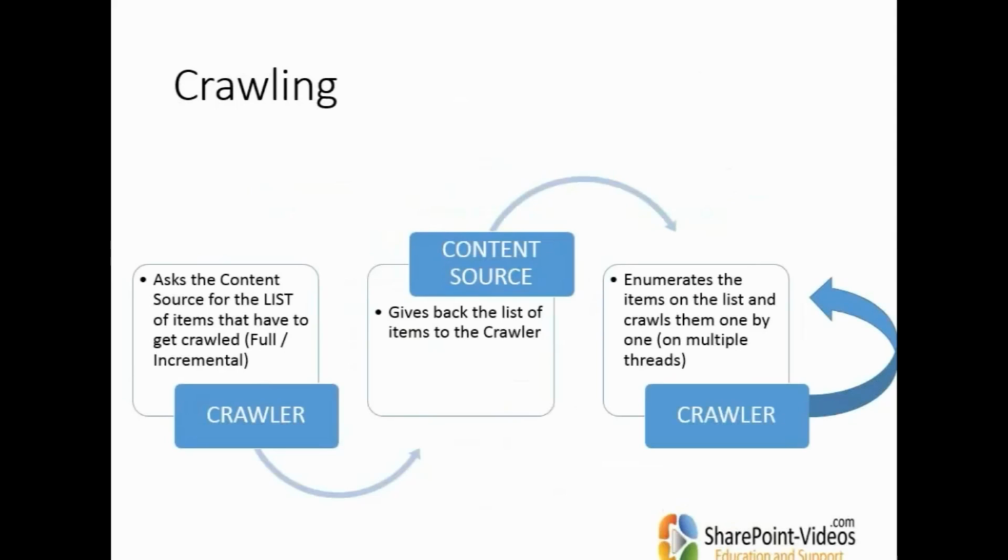Just remember this picture because we will use this later. So once again, the crawler first gets the list of the items from the content source, and then based on this list, it goes back to the content source asking for each item one by one. Of course, it does this on multiple threads, but still one thread crawls one item at the same time.